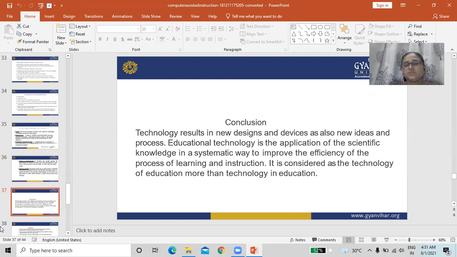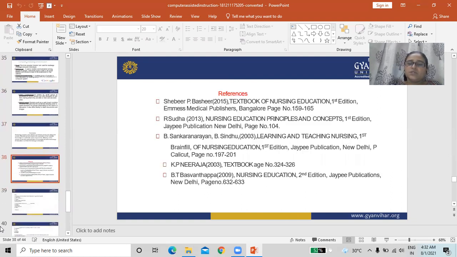It is considered as the technology of education and then more technology in education. These are the references you should go through for further, more detailed knowledge.